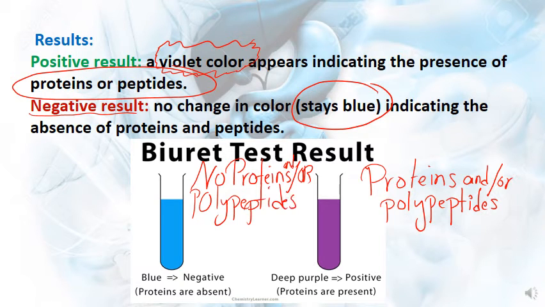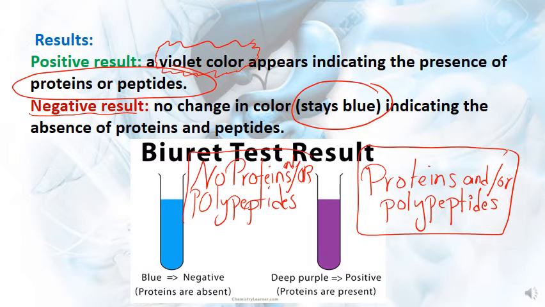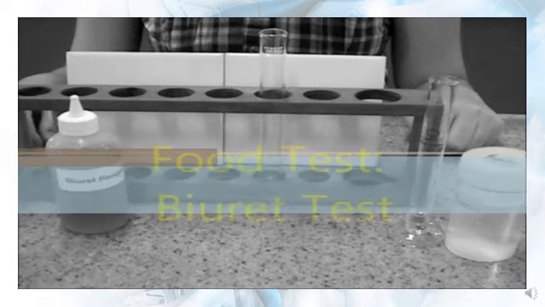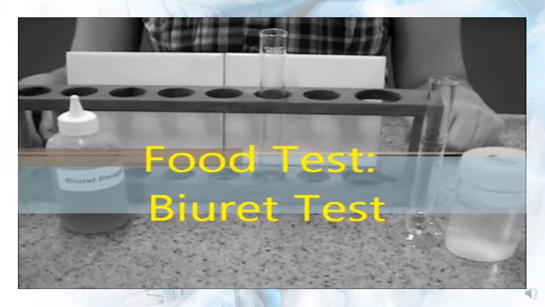If we have a violet color with the biuret, it means that we have proteins and/or polypeptides. If not, we have neither proteins nor polypeptides. So blue is a negative result, no proteins. Deep purple or violet is a positive result, we have proteins and/or polypeptides. So this is the biuret reagent and this is the test done.